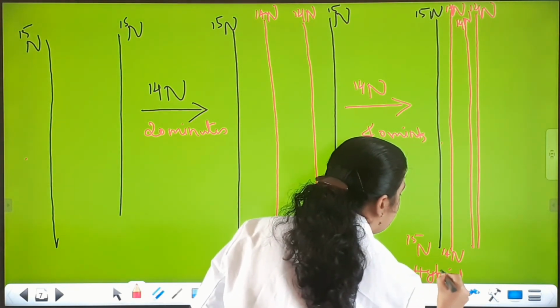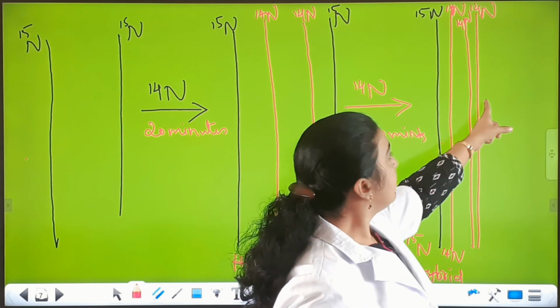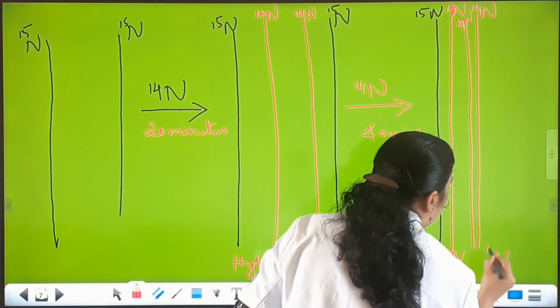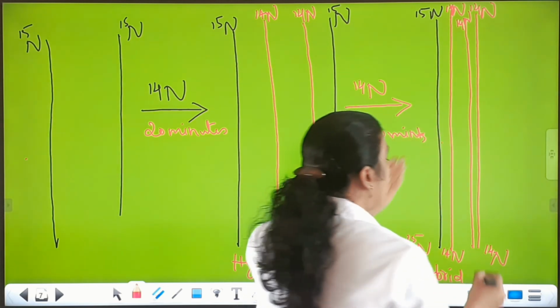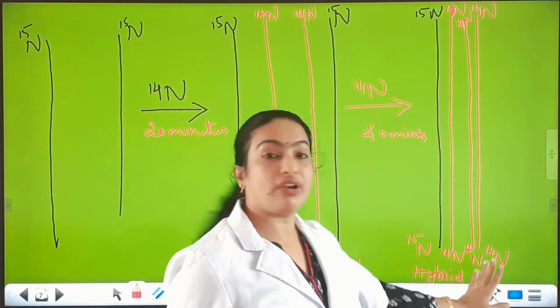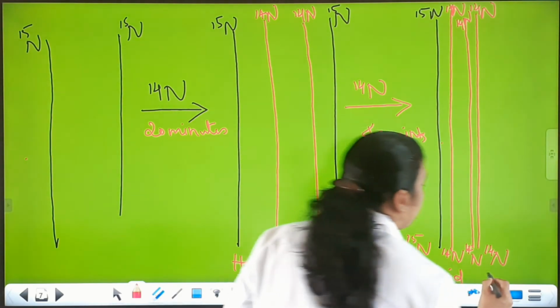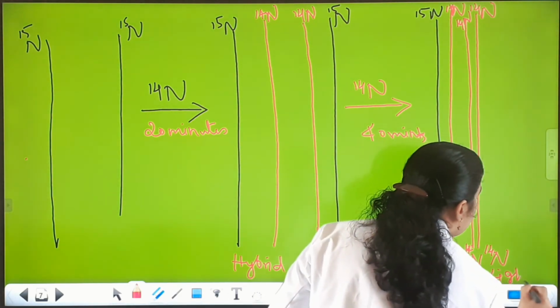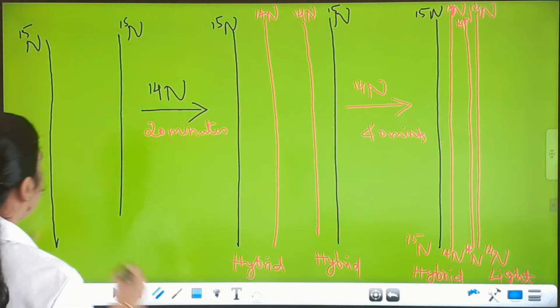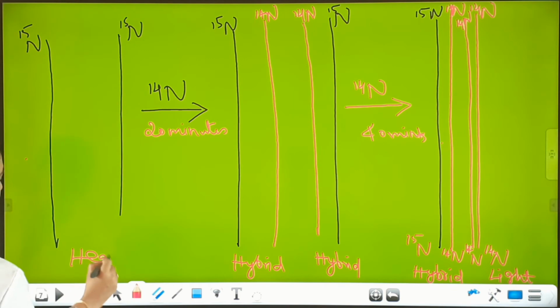But here, the parental strand is having N14 and the newly formed strand is also having N14. So this is not a hybrid variety or hybrid DNA. This is the light DNA. So clear? And the first one is heavy DNA.